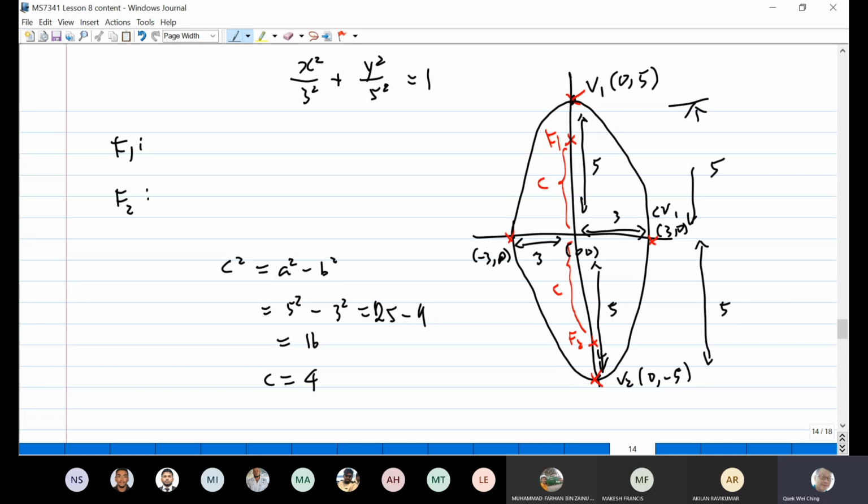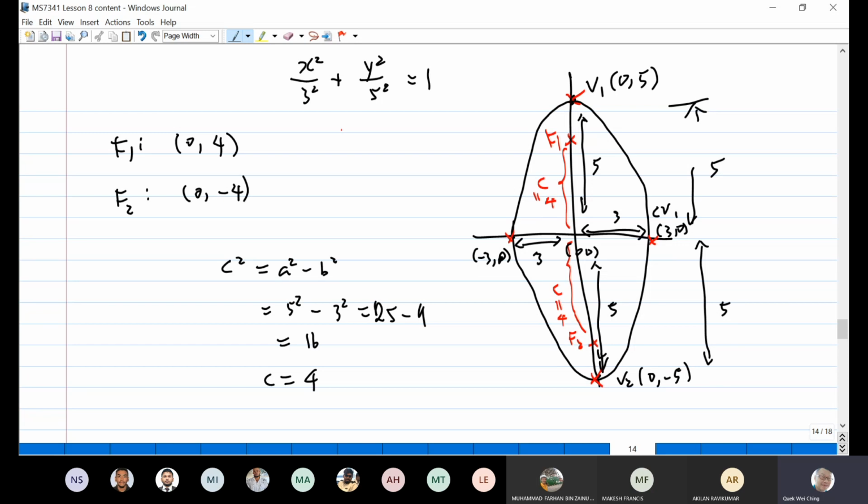So this distance is equal to 4. Where is the point F1 now? F1 is at the point 0, 4. F2 is at 0, minus 4.